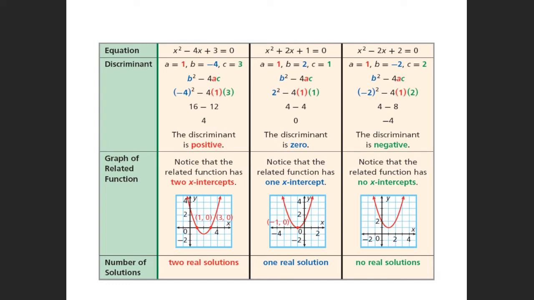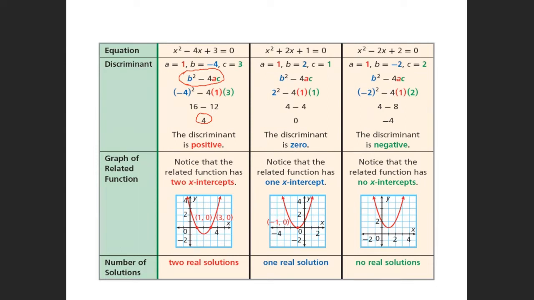So if we just looked at the number underneath the radical sign, that number tells us how many solutions there are, okay? So if you just look at inside the radical, if it is a positive number greater than 0, you will have 2 real solutions.